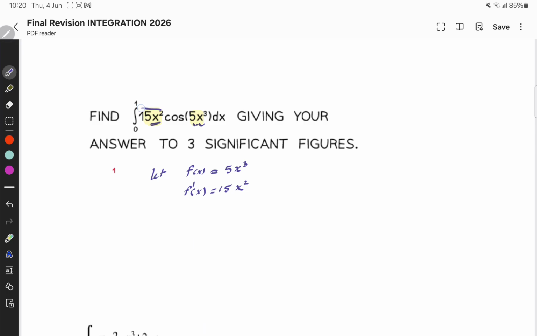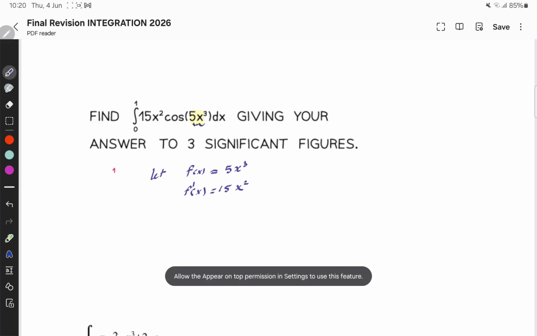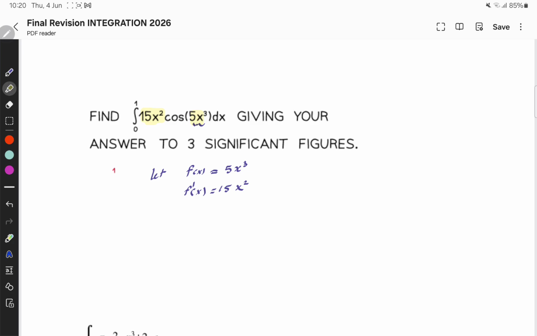So I have the derivative of that function directly. The derivative of 5x cubed is 15x squared, so that it will be rejected. And as you know, the integral of cosine will be sine 5x cubed only. We didn't look for inside because the inside is not linear.